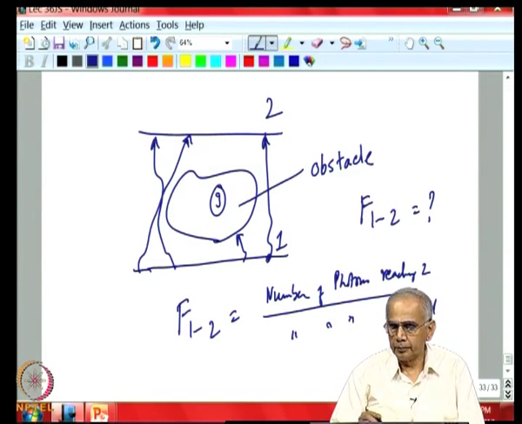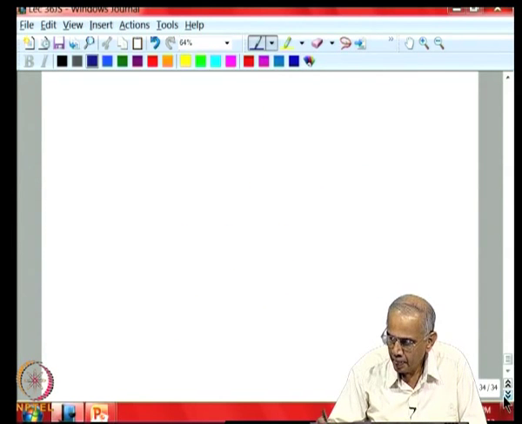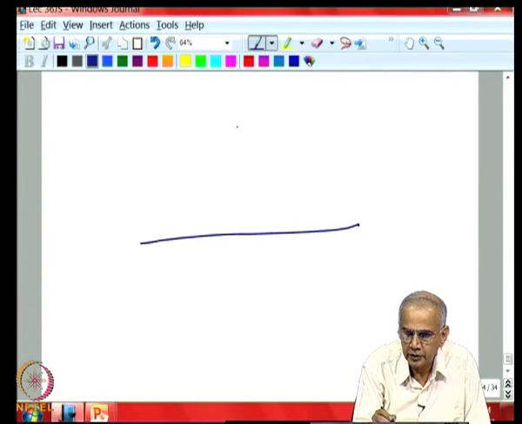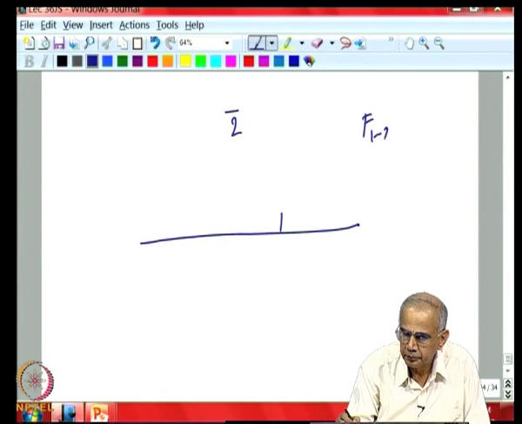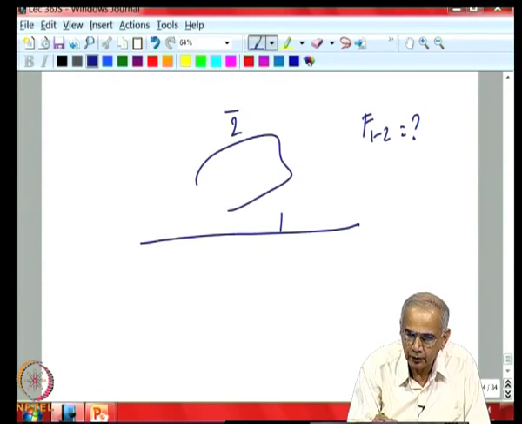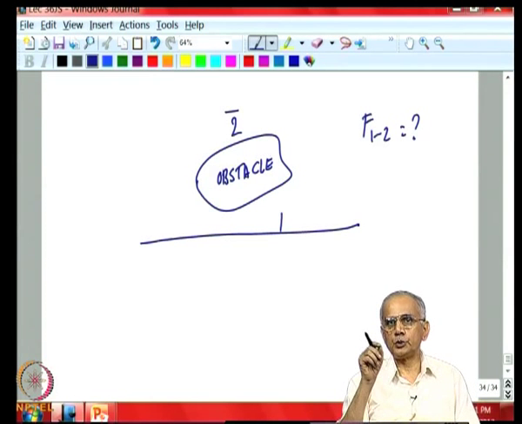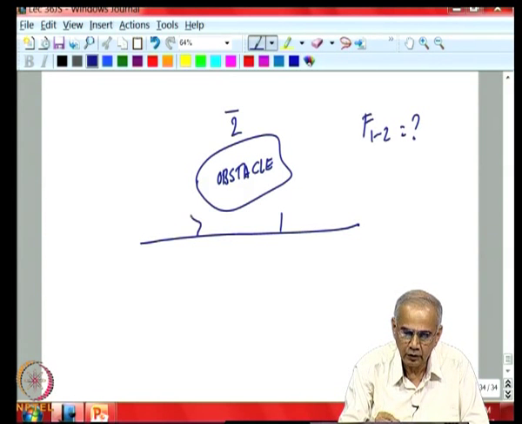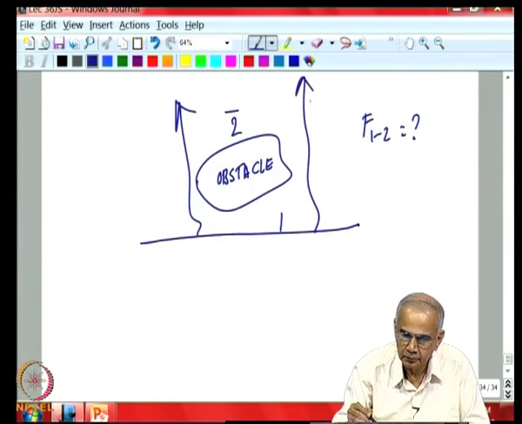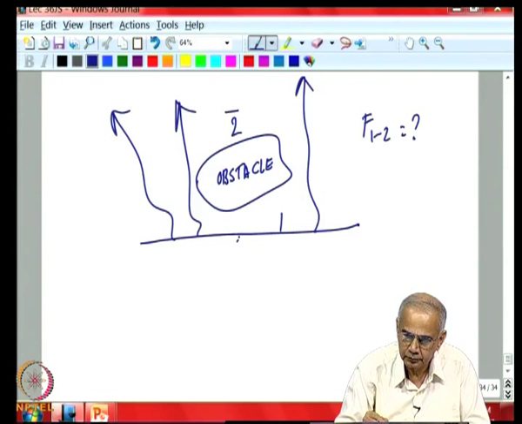Now, suppose you have a problem, it is a large surface and a very small thing, and you want to find F12, and let us assume there is an obstacle to give you the complexity that is needed to look at such problems. Now, since surface 2 is very, very small, a large number of photons will not reach it. So, most of the photons you are releasing from 1 will not reach 2.